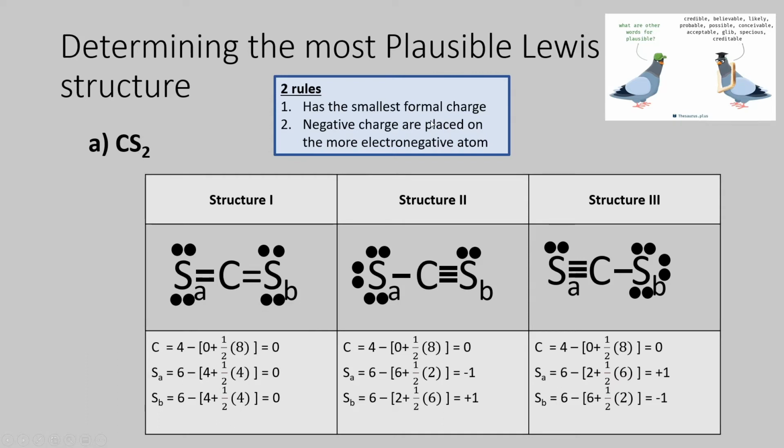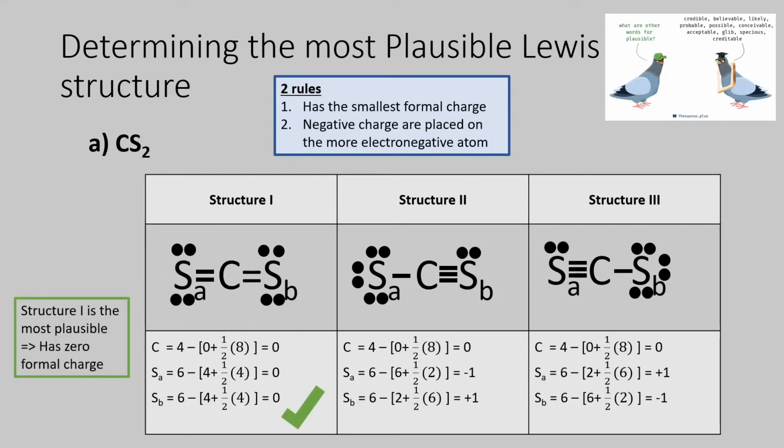So, awak tak hutang, awak tak ada lebih. Yes. So, basically the rules untuk win this game is awak guna all of your money tanpa baki ataupun tanpa hutang. So, kalau awak kosong, maksudnya it is the most plausible because it has 0 formal charge.